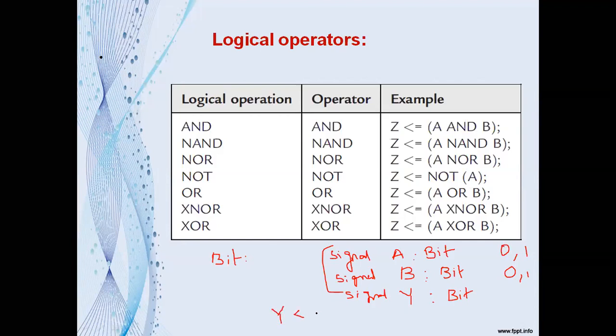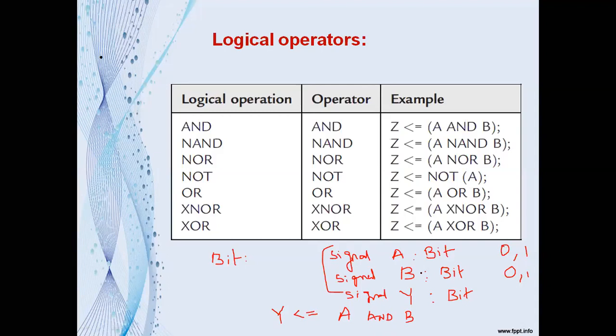Y is a signal, then the signal assignment operator symbol, and then you specify a logical operation, A and B.